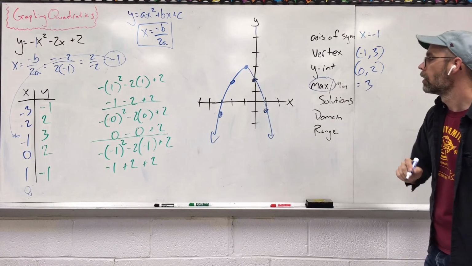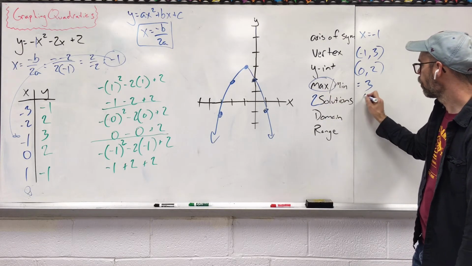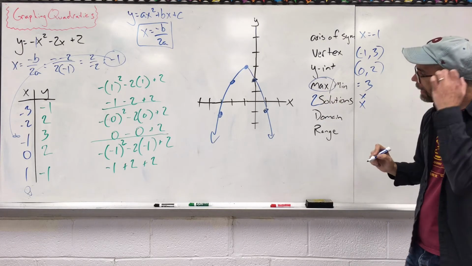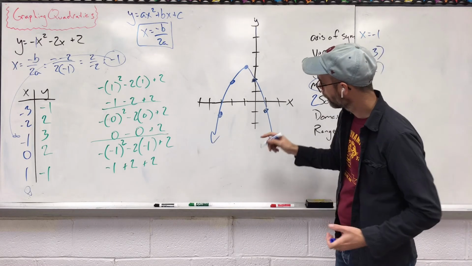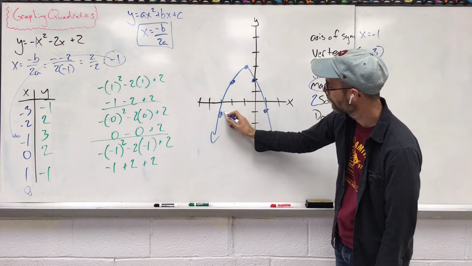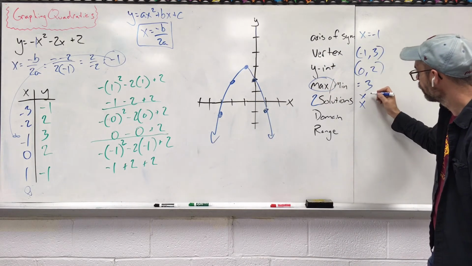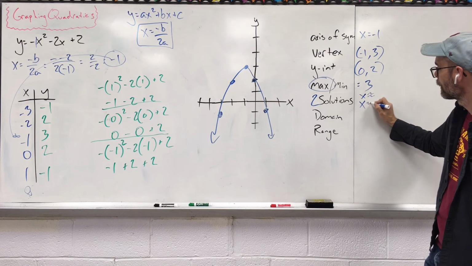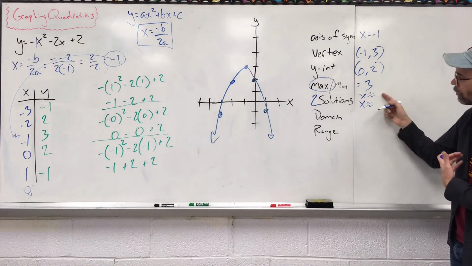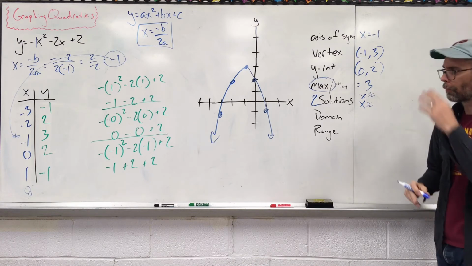We have 2 solutions. And what are those solutions? Now, be very careful. I know my graph is a little sloppy, but you can see that this blue line doesn't quite hit our lines. So I'm going to take a guess as to what our answer is. I'm going to put a little squiggle equal sign here. The little squiggle equal sign means about.